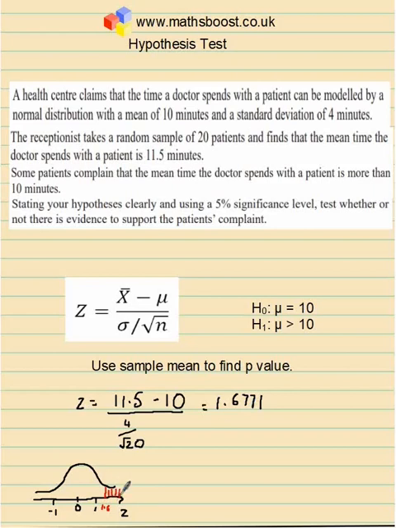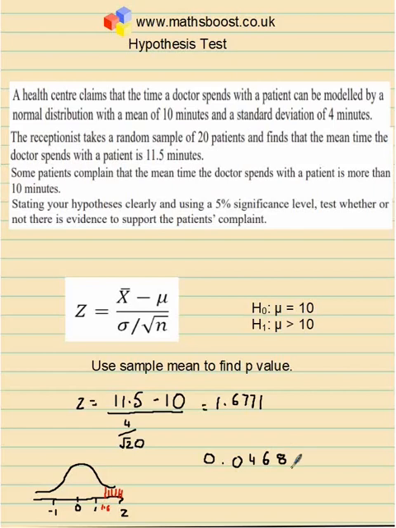So it's this region that we're interested in. We'll use our calculator, remembering that Z is always associated with a mean of 0 and a standard deviation of 1. And I obtain the probability of 0.0468.